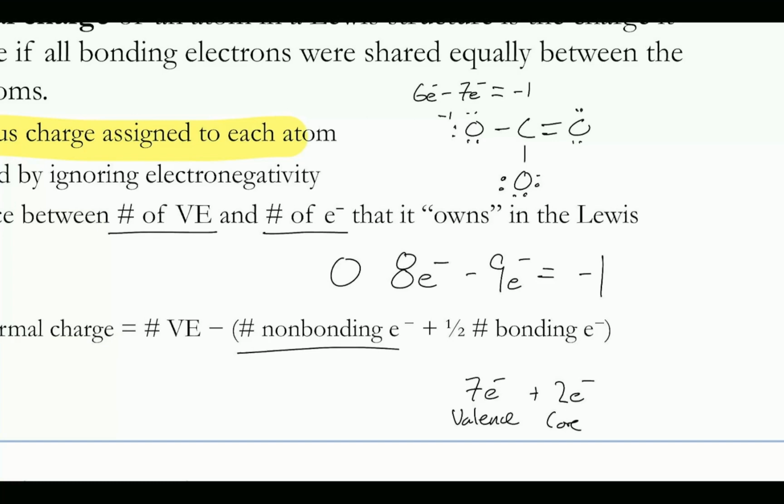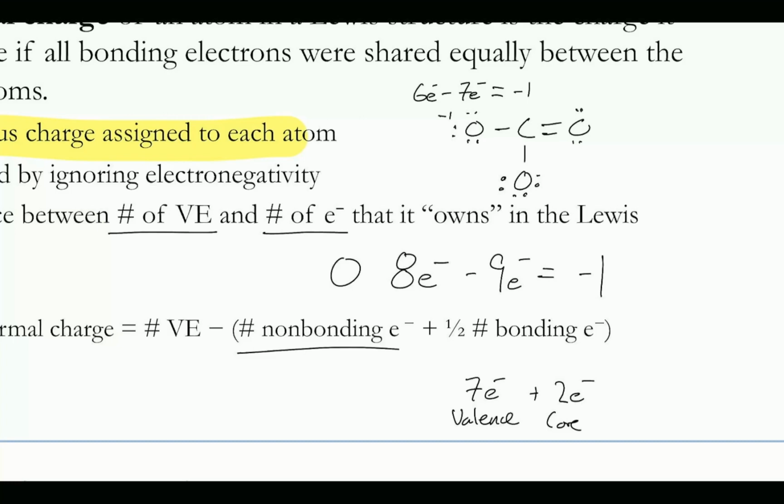The other thing that you can do, especially for carbon, oxygen, nitrogen, and the halogens, is think in terms of how many bonds they want to have a neutral charge. So let's look at the formal charge on the right oxygen. I've got 2, 4, and then 1 from each of these bonds. So 1, 2, 3, 4, 5, 6.